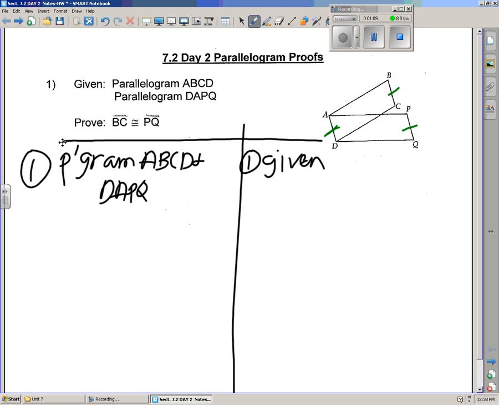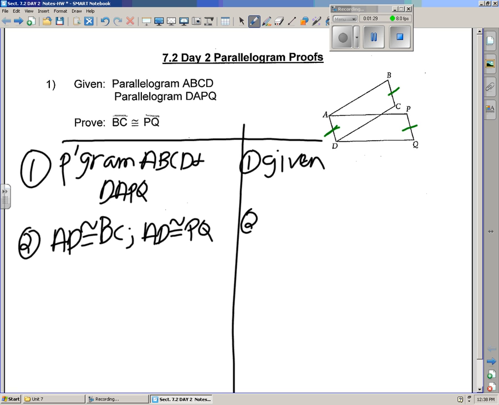So let's see if we can finish this thing up. We know for sure that AD is congruent to BC, and we also know that AD is congruent to PQ.